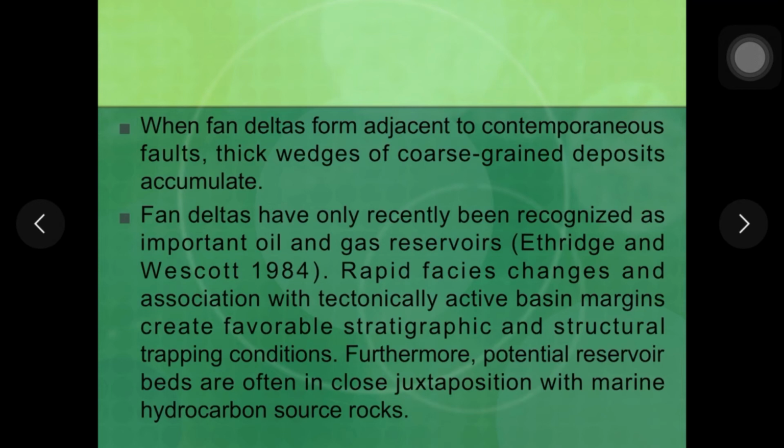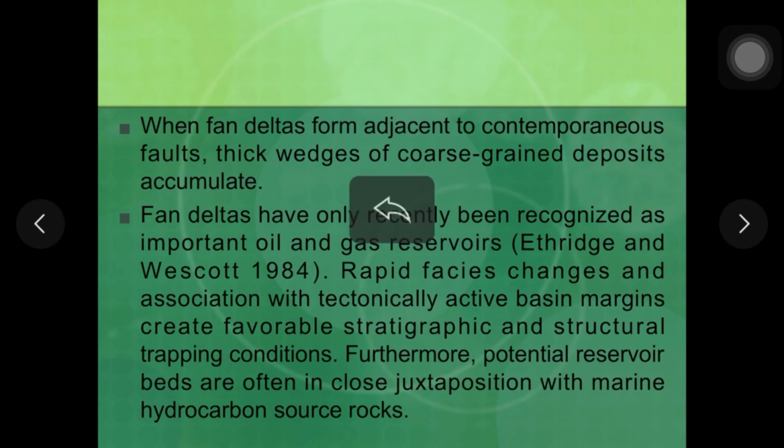Productive reservoirs in fan delta deposits have variable porosity and permeability because of the nature of sediments which are deposited. Most of the sediments belong to debris flow in the vicinity of the mountain or fault. Away from this source, you will find finer and finer material which could act as a reservoir.